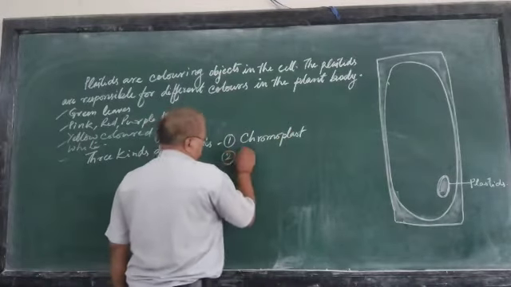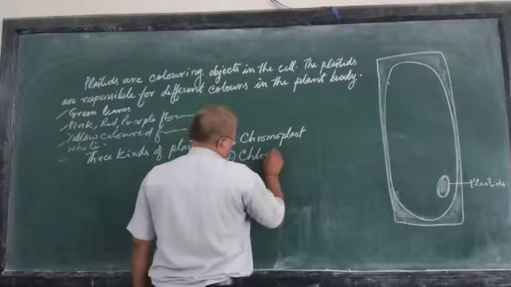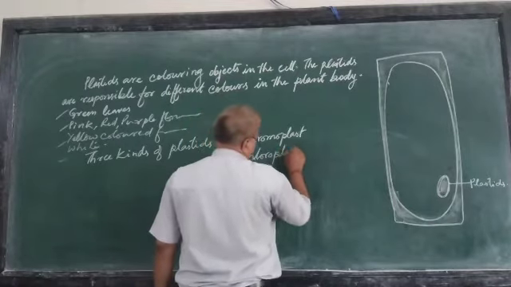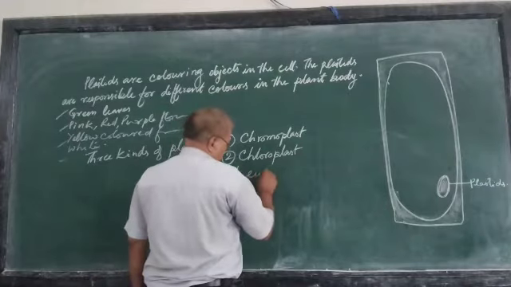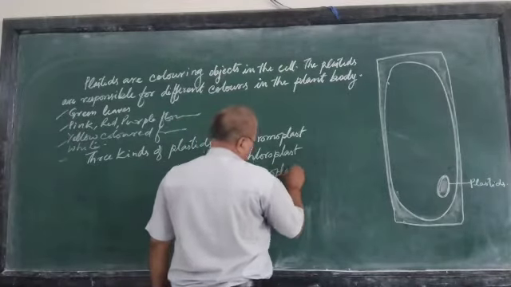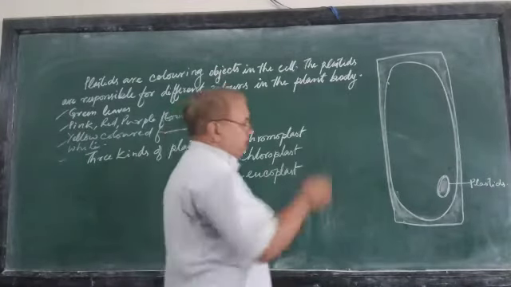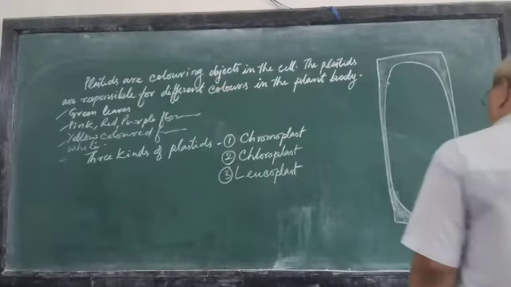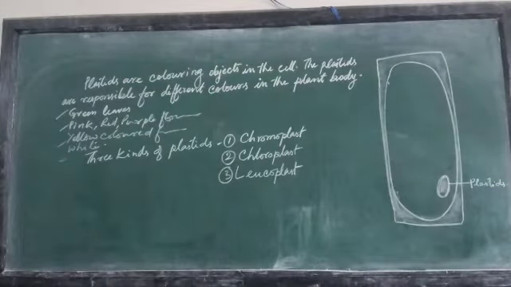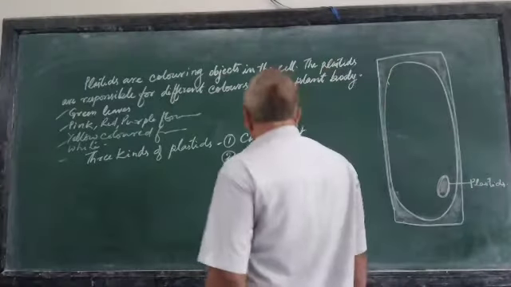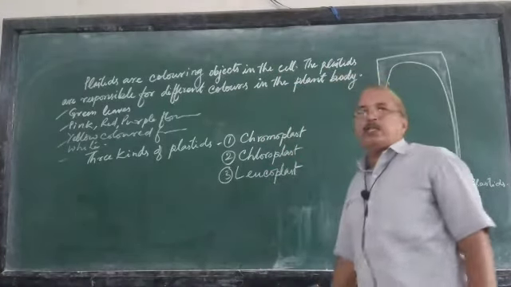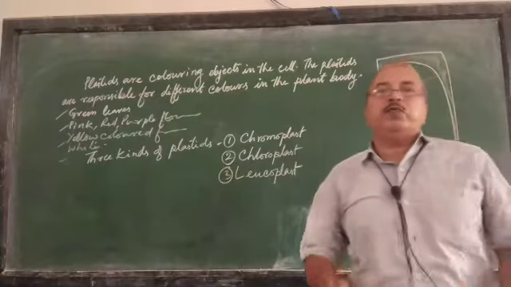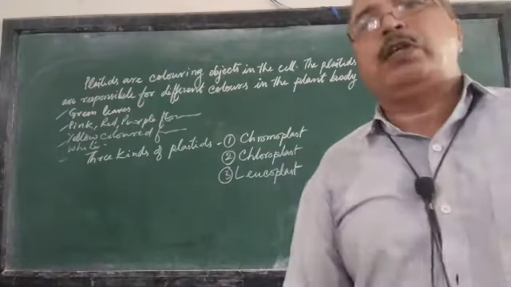Then the second one is chloroplast, and the third one is leucoplast. These plastids are responsible for coloring different parts of the plant body. So they are classified depending on what type of color they give to a particular plant body.